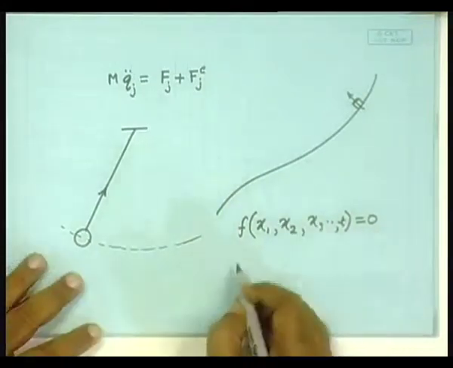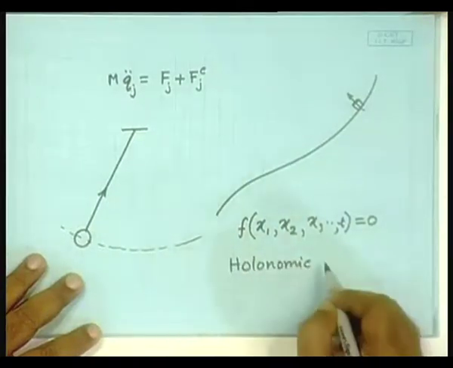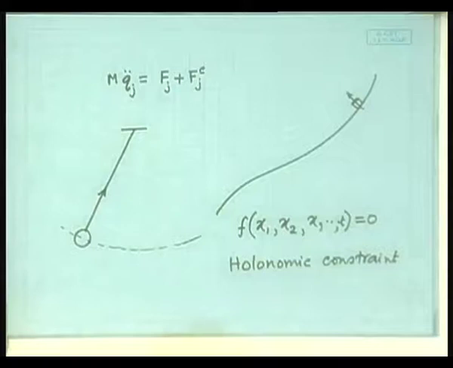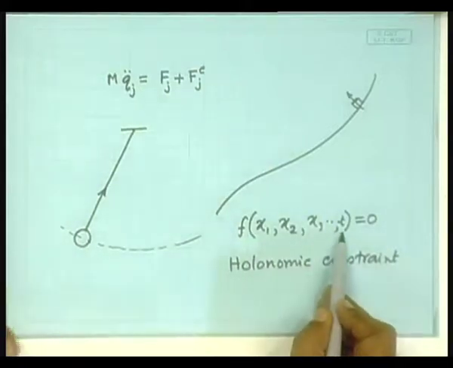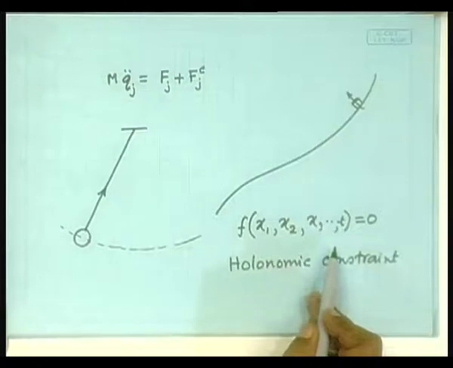Remember this word. Some holonomic constants do not need this term t, that is, it is independent of time like this, and some holonomic constants will need additionally this concept of time, the dependence on time, but both are holonomic constants.